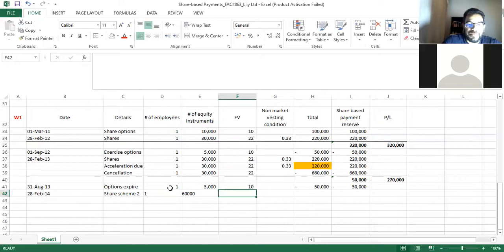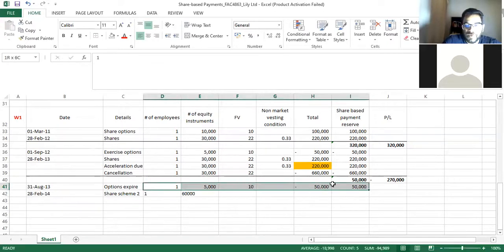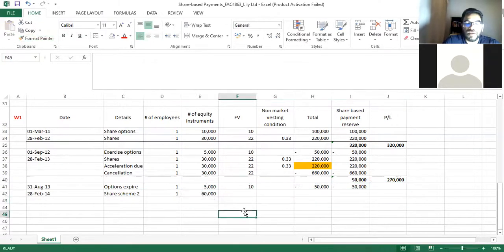Because it was a replacement, share scheme 2 is a replacement of share scheme 1.